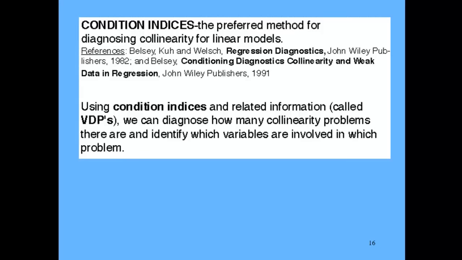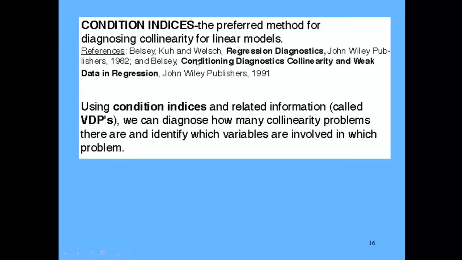Or what is collinearity? They wrote another book a number of years later, in 1991, where they dealt with a little bit more and went into some other models, like logistic regression models, but they didn't go into it that much. So basically what they said was to use something called a condition index and something else called VDPs.